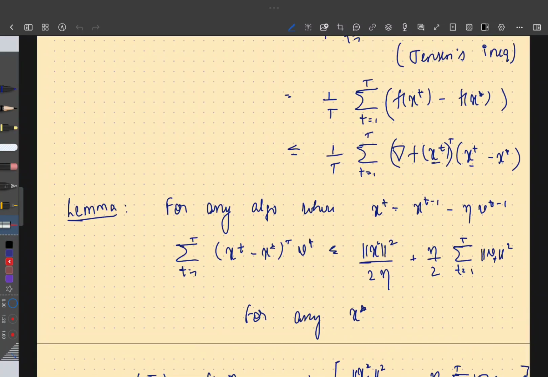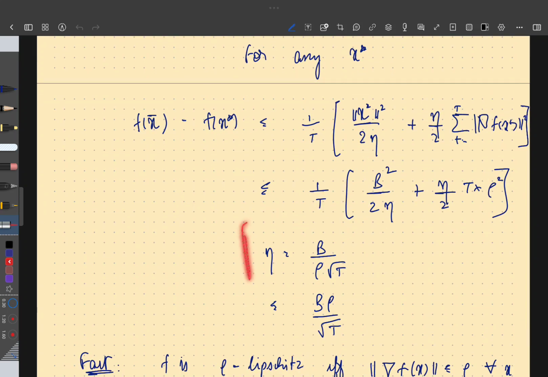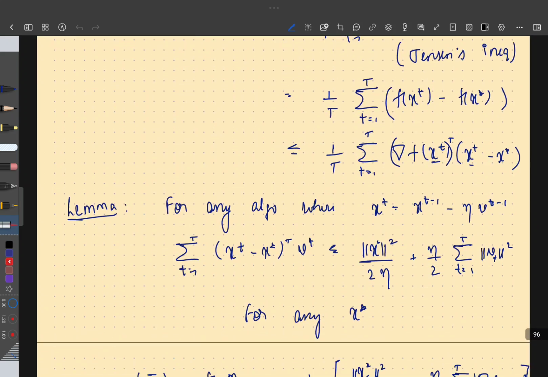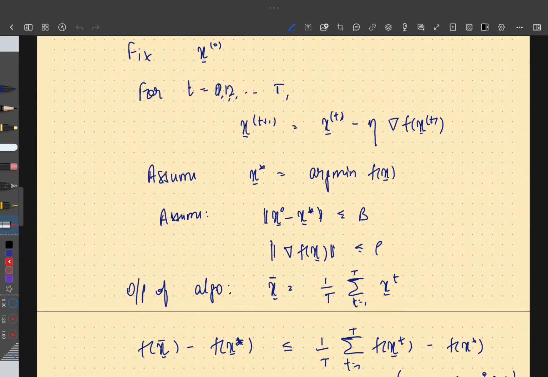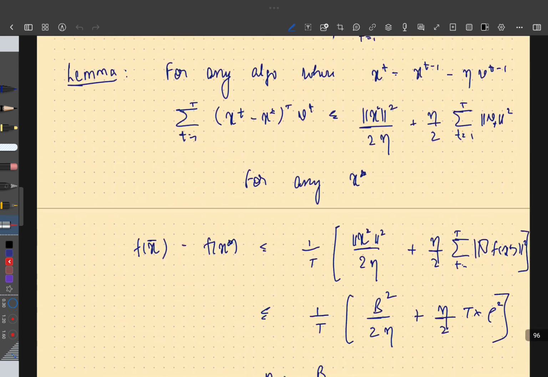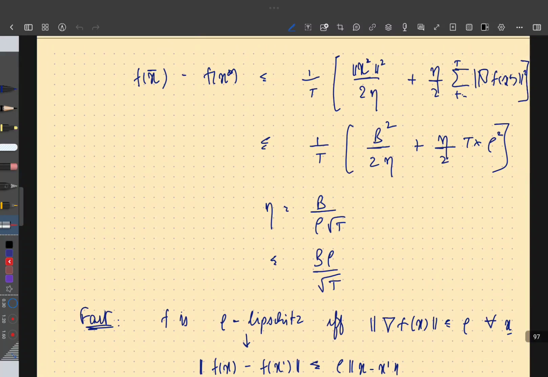We saw that if we choose the step size properly, in particular if the step size is chosen to be B by rho times square root of T, where T is the total number of steps for which you run gradient descent, B is a bound on the norm of the distance between the initial point and the solution, and rho is a bound on the norm of the gradient at any particular point, or equivalently if f is rho-Lipschitz, then at the end of T steps, the error is going to be at most B times rho divided by square root of T.